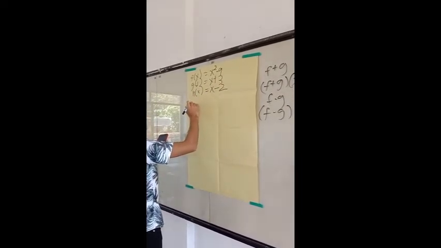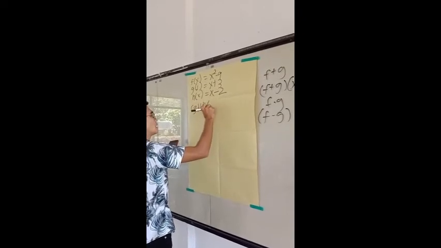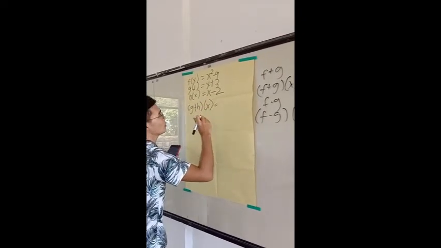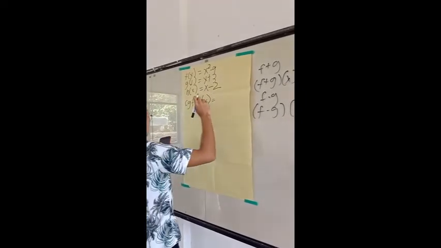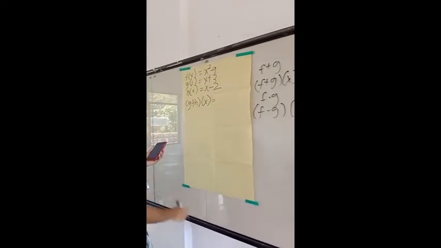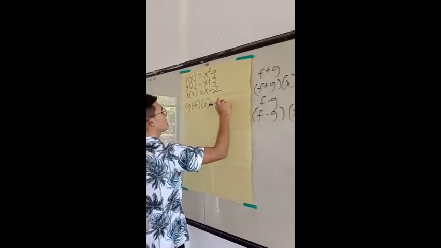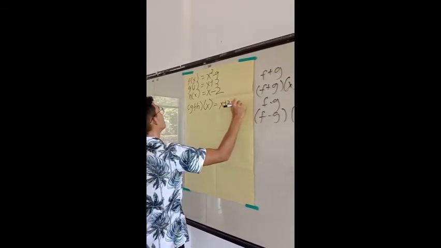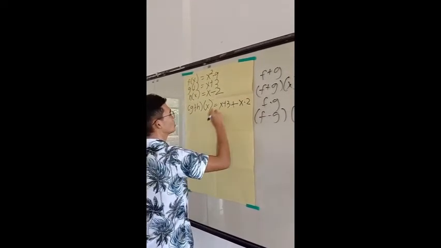So let us find g plus h times x, since we are finding the value for the addition. So addition operation. So we have g of x, which is x plus 3, plus the value of h of x, which is x minus 2.